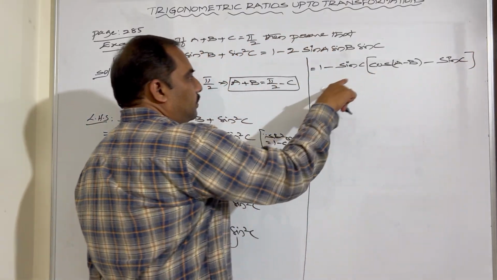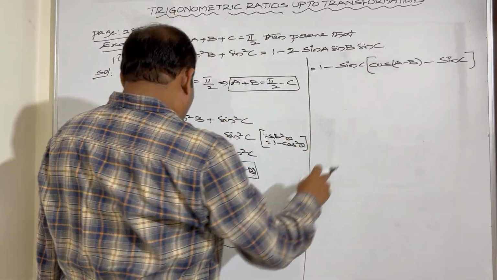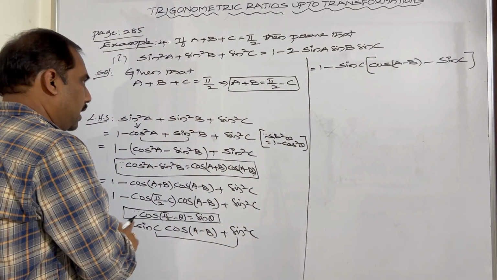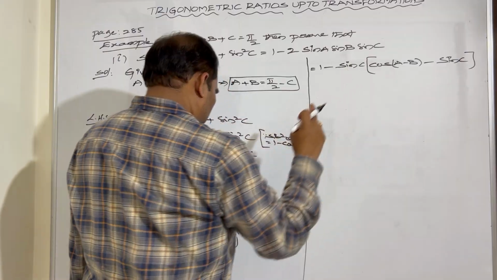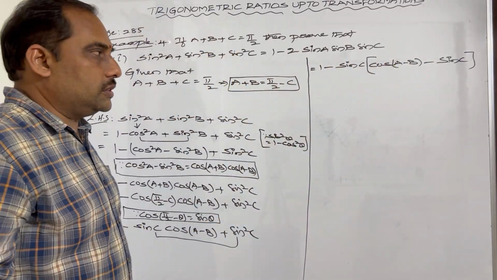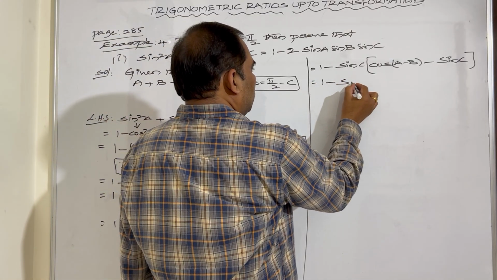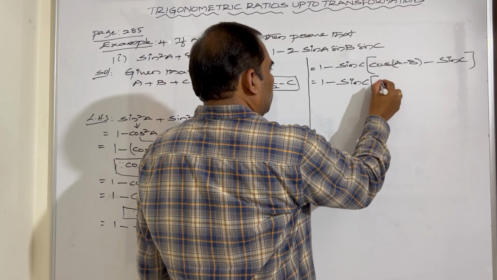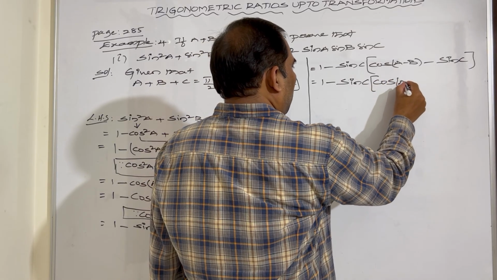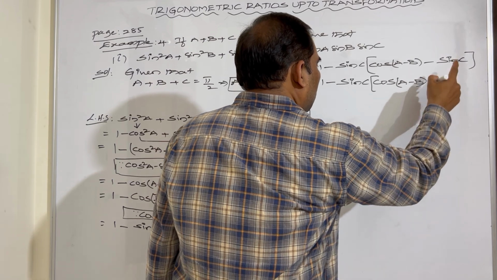See again, if you multiply minus sin c into cos of a minus b, this is as it is, and here minus into minus is plus, sin c into sin c is sin square c, it remains the same. So now again, 1 minus sin c as it is, into cos of a minus b, and minus sin c.